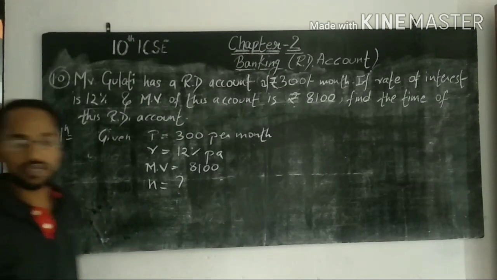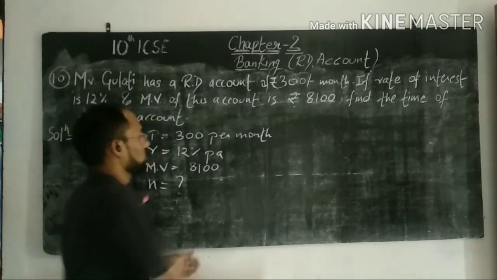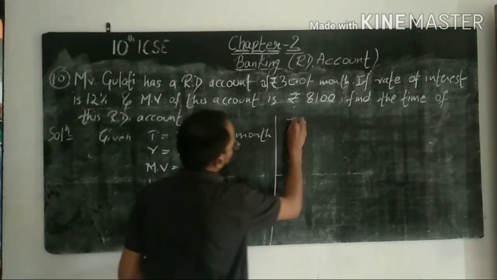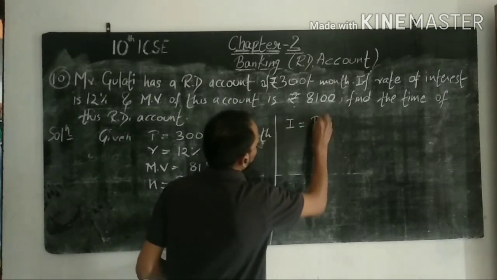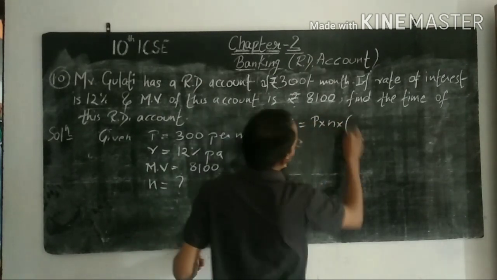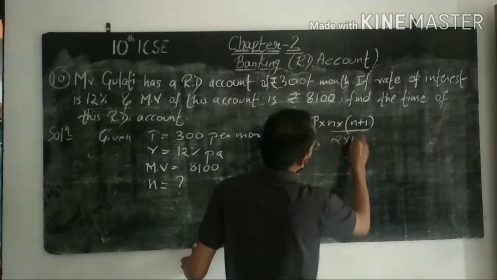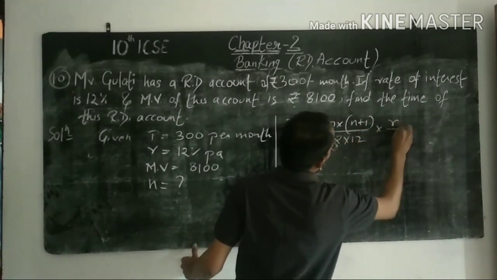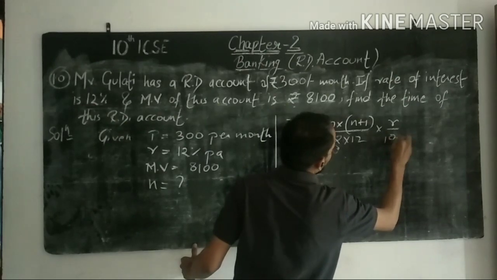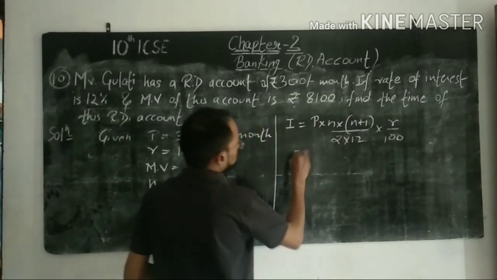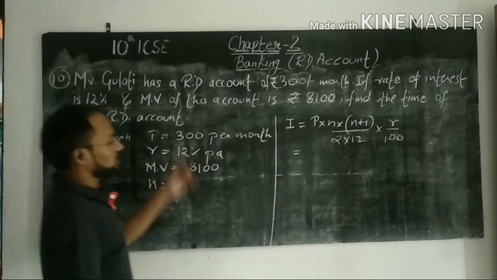So first we use the formula of interest, which is I equals P into n into n plus 1 whole divided by 2 into 12 and R upon 100. So the value of P is 300.